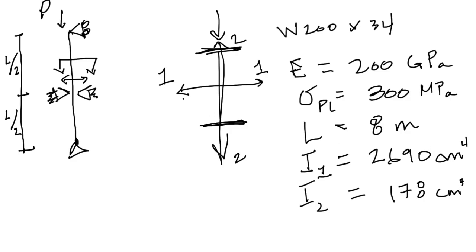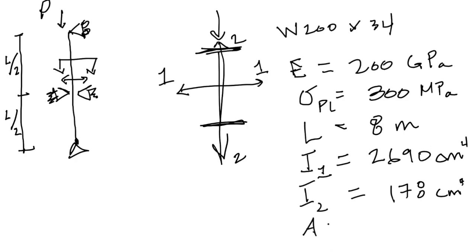So in other words, it doesn't have a whole lot of resistance to bending in this direction, but it does have a lot of resistance to bending out of the page, and that's why there are these additional supports at the midpoint to make it more difficult for it to buckle.